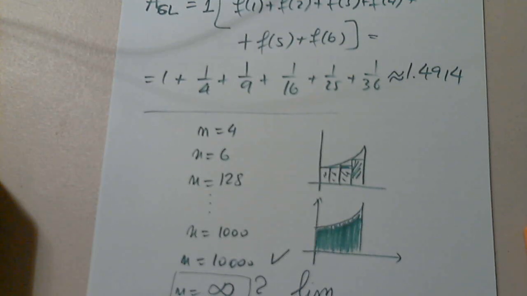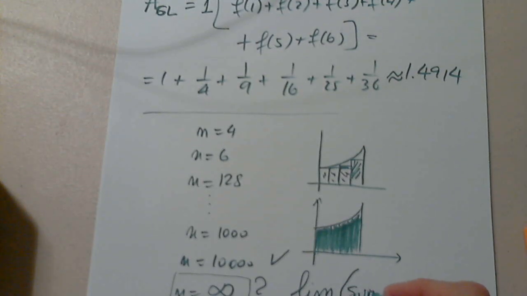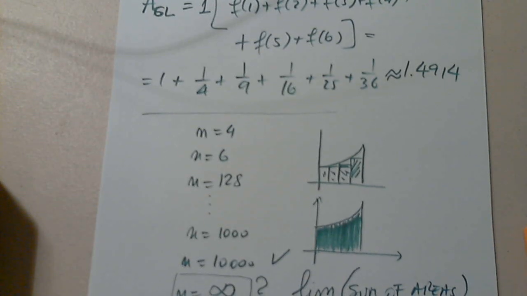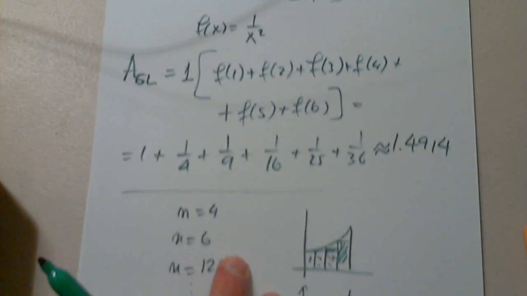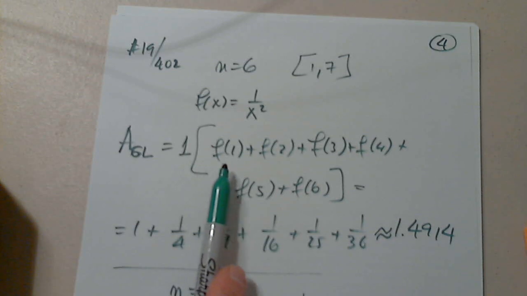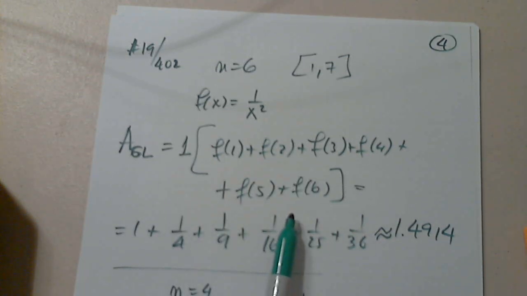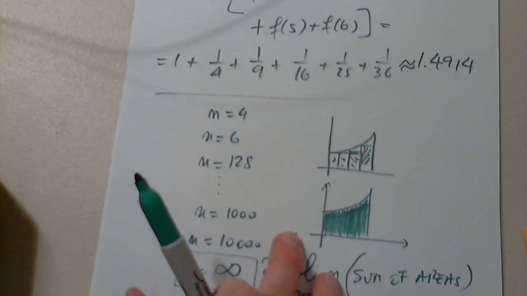When the number of subintervals approaches infinity, of the sum of areas. Because that's what we are doing. We are summing areas. Base times height plus base times height plus base times height. This is the sum of areas of rectangles.